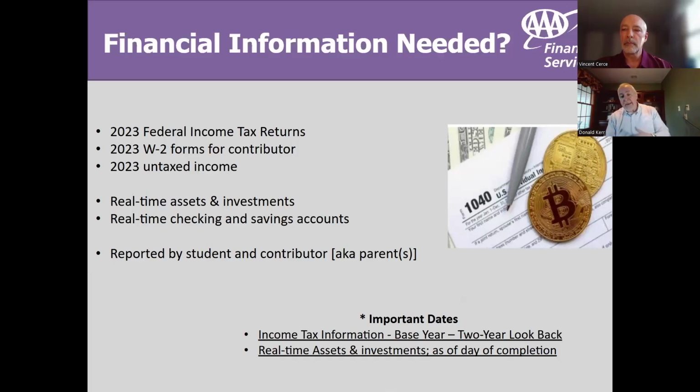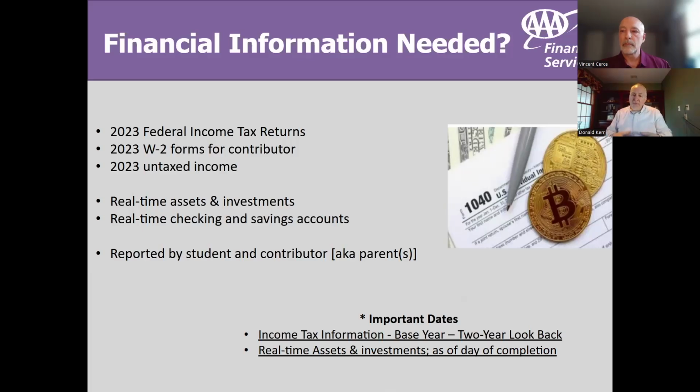But you're also going to need information on things such as your assets, any non-retirement assets and investments you have. They want to know what your balances are as of the day you're filling out the form. Also, you're going to need information on your checking and savings accounts. What are your combined balances on your checking and savings accounts when you go to fill out the FAFSA form and apply for financial aid?